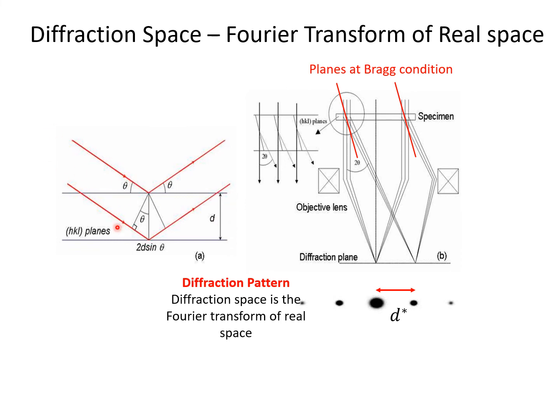And we're probing this electron intensity distribution in real space with radiation, with waves. In doing so, what we're actually doing is transforming from real space into diffraction space. So diffraction space is the Fourier transform of real space.